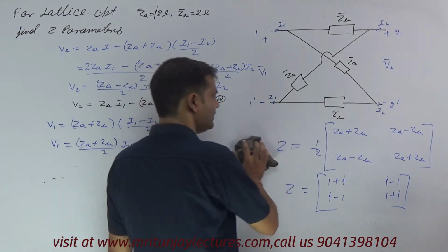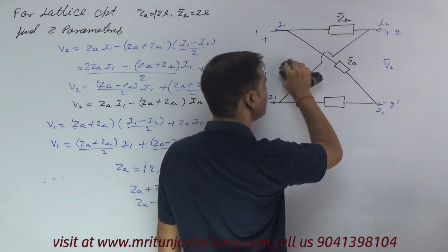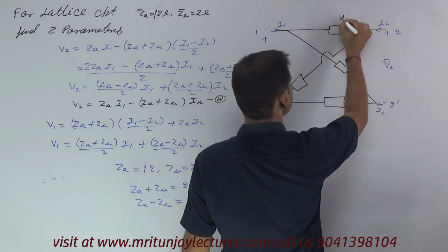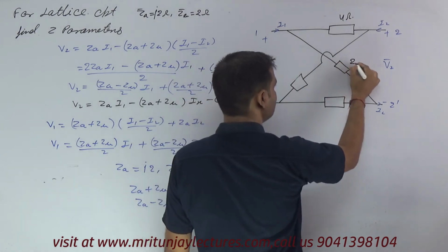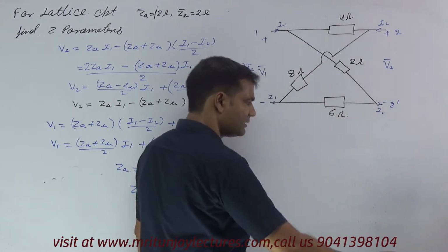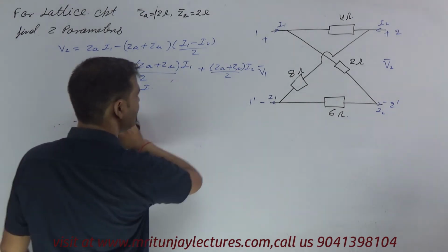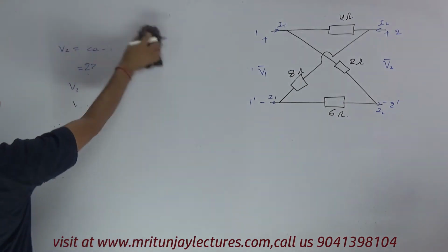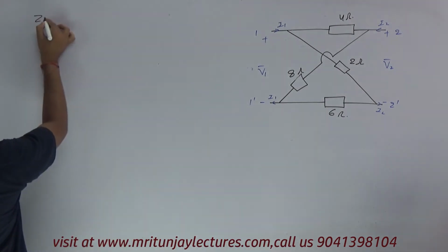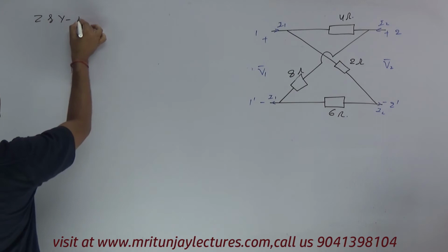But in case the impedances are different, suppose this one is 4 ohm, that is 2 ohm, that is 8 ohm, and that is 6 ohm, then how can we resolve it and determine the Z parameter and Y parameter? Our motto is to determine the Z and Y parameters.